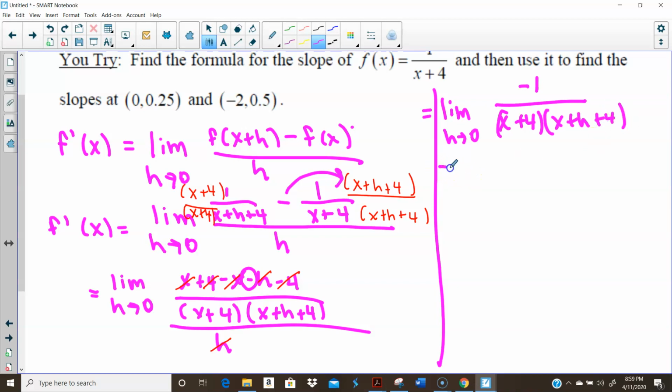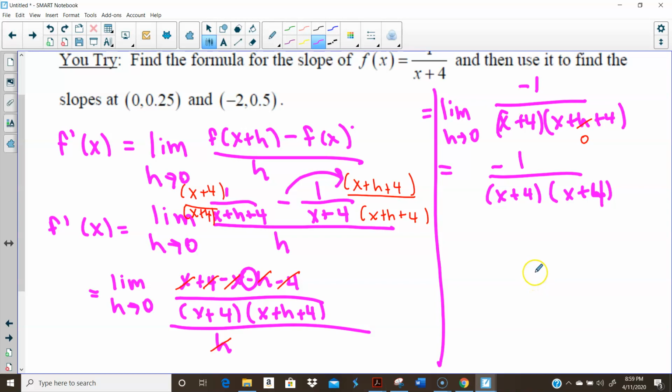Now I'm going to use direct substitution. Everywhere I see an h, I'm going to put in a 0. So this gives me x plus 4 times x plus 4. This h right here went to 0. So that's why I got x plus 4. Ooh, that doesn't look like x plus 4, does it? That's a 4 right there.